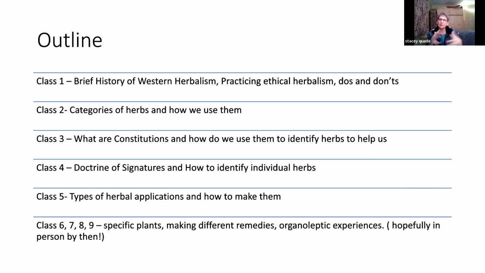It's going to be a little more blended than just this list, but this is a rough outline to keep us on track and get through some of the different ways of looking at this as a whole system, process and practice. And then hopefully we'll spend a lot of time learning about specific herbs that you can get to know better.